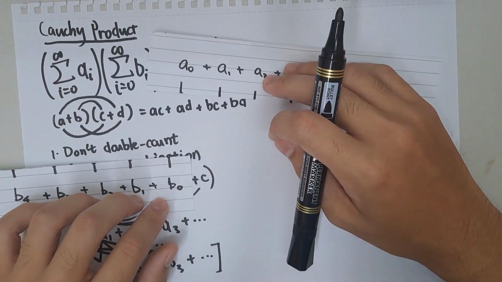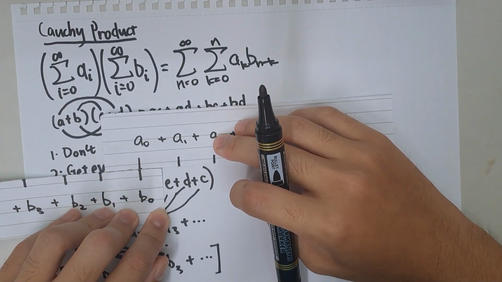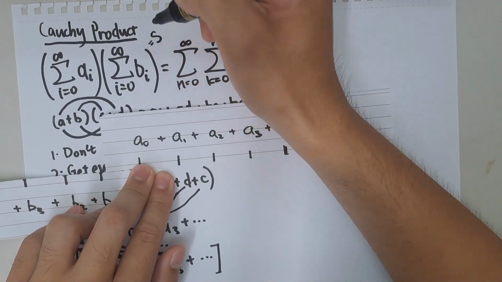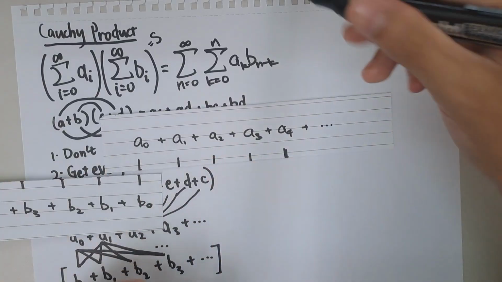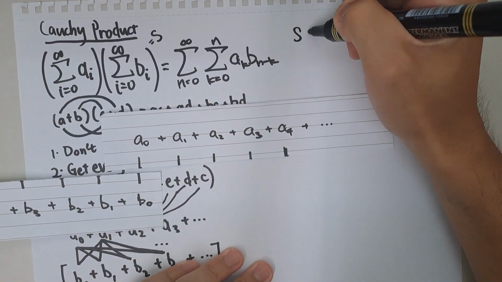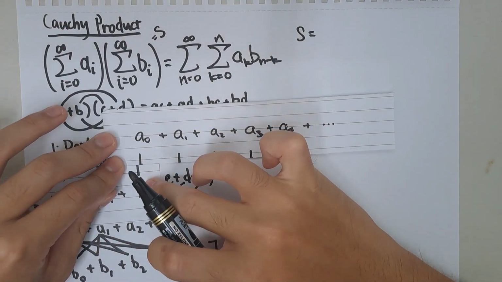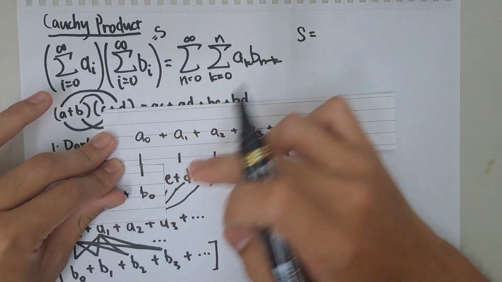So first we can start with this. Maybe we'll call this S first, and we have S equals, first we want to match the 0th term from each, and we get this A0 B0.